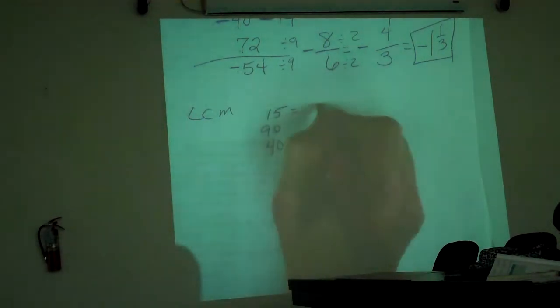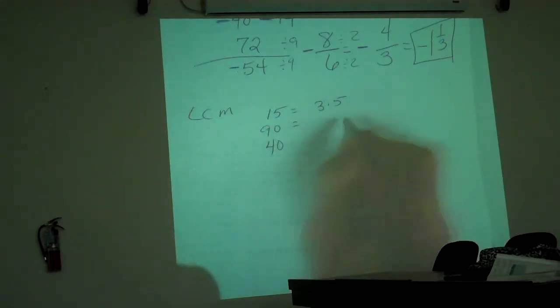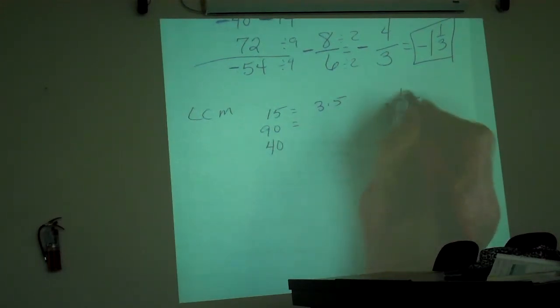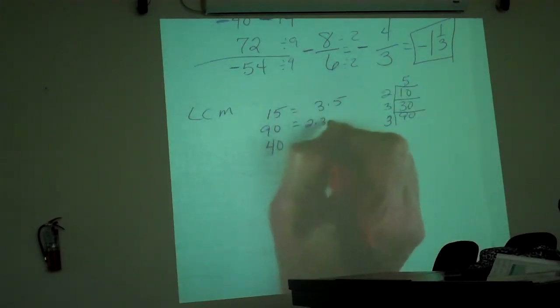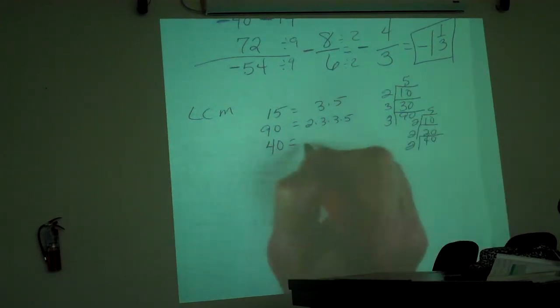Okay? 15 is 3 times 5. 90 divided by, don't divide by 9. Divided by 3 is 30. Divided by 3 is 10. Divided by 2 is 5. So you got 2, 3, 3, 5. 40. Divided by 2 is 20. Divided by 2 is 10. Divided by 2 is 5. 2, 2, 2, 5.